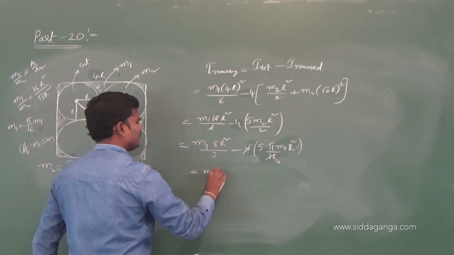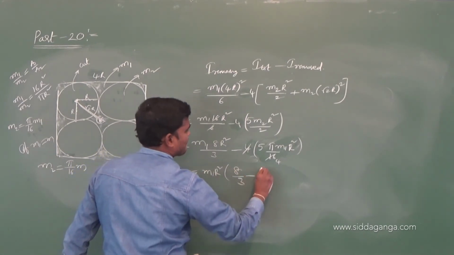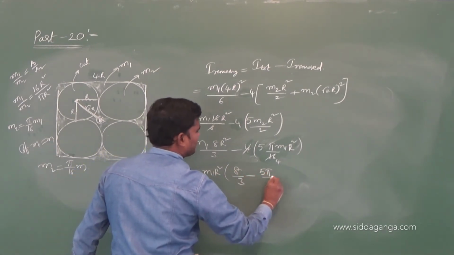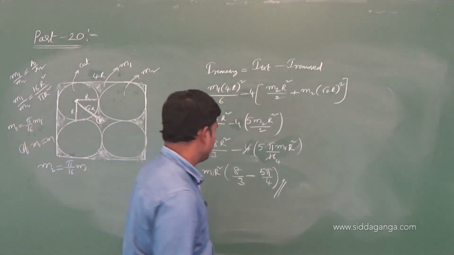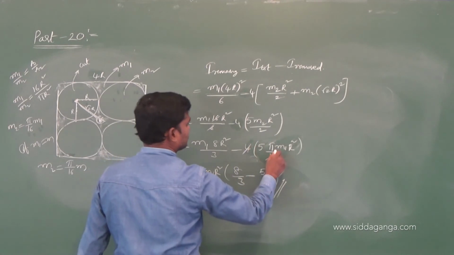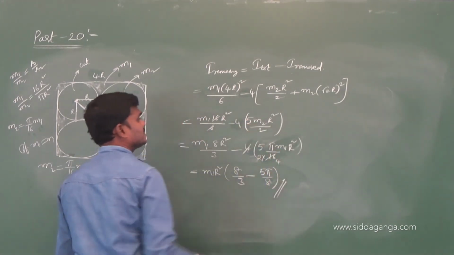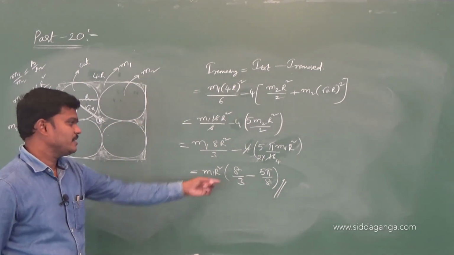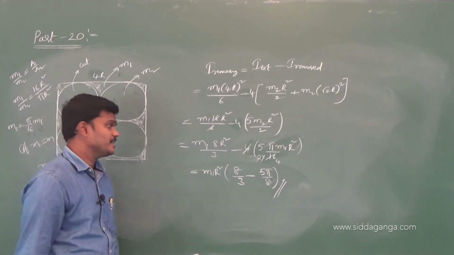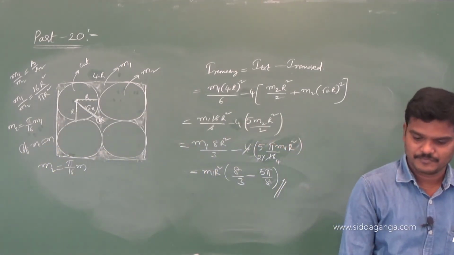So if I take m1 r square common, 8 by 3, 5 pi by 4. Check the calculation once again, 5 pi by 4, and this 2 is there, no? Verify these calculations. I am getting the answer in terms of m1. If m1 is m, then m r square times 8 by 3 minus 5 pi by 8.